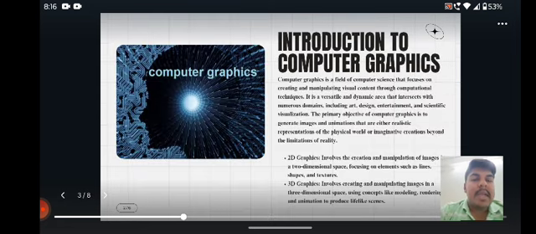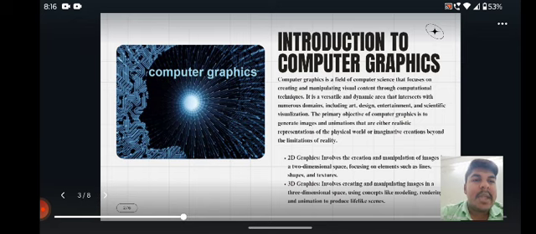So basically, in the current real world, all the technologies are running on computer graphics and computer-based technologies. The introduction: computer graphics is a field of computer science that focuses on creating and manipulating visual content through computational techniques. As I mentioned, AI and ML is the current trending field for job opportunities, and it is the main field for the technologies running in this generation.